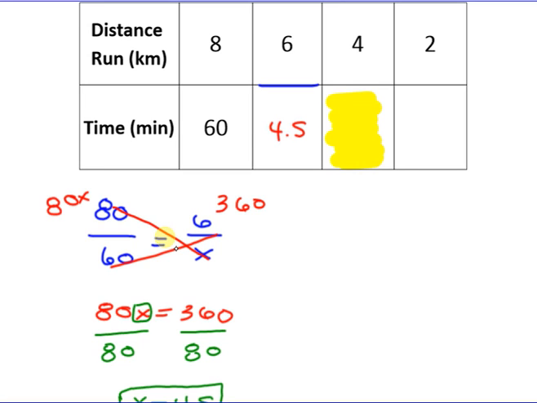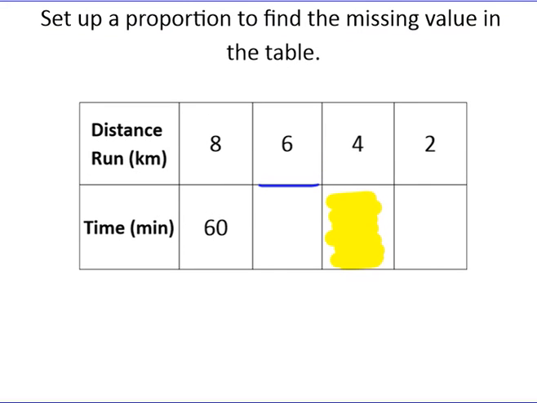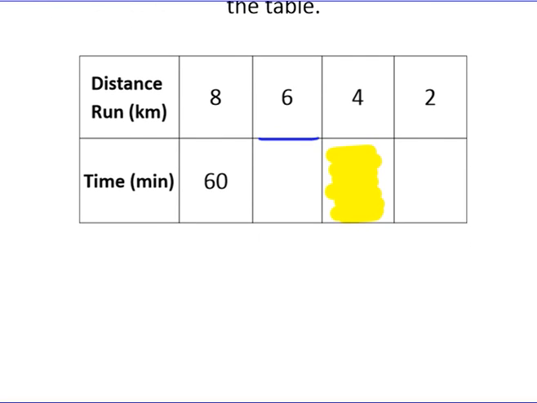Oh, because it's 8, not 80. I just did that entire thing wrong. I wrote 80, not 8. Oh boy, I'm sorry. Ignore that entire proportion that I just did. I am so sorry. I wrote 80, not 8. I was like, 4.5 seems really small. Okay, let's try that again.